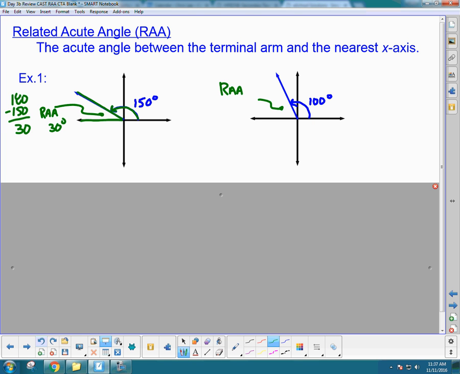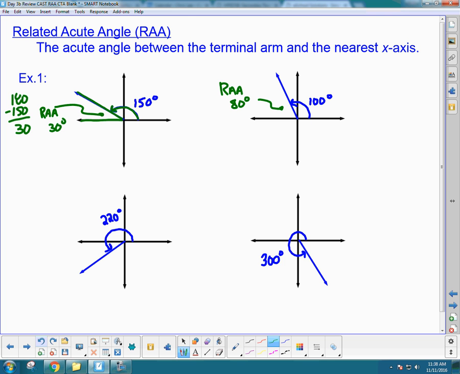And if we go 100 degrees, we know all the way over to the other side is 180. So 180 minus 100, and we get that that angle is 80 degrees, and that's the related acute angle for that. We'll look at two more. And if you need to pause the video as you copy down those pictures or catch up, that's fine.